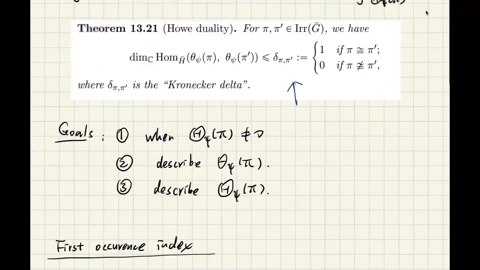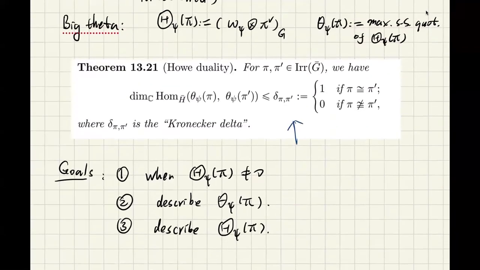Okay, after the duality conjecture is proven, I think it's fair to ask the following three questions. The first one is when this big theta pi is non-zero. It turns out this condition will reflect the properties of pi. Also, the question is to describe the small theta pi.